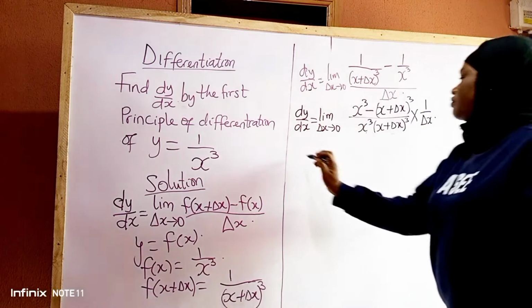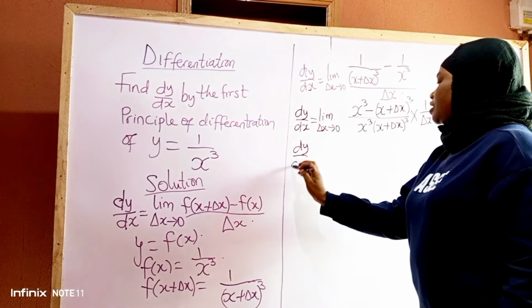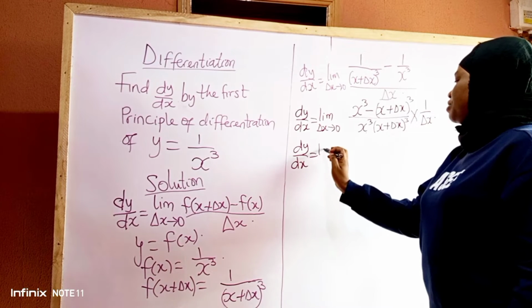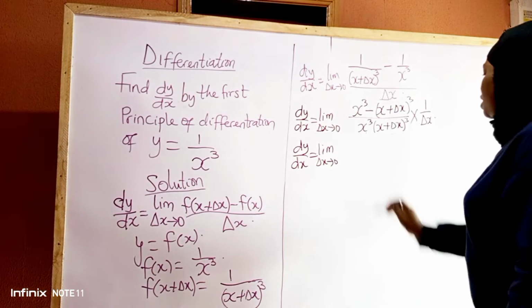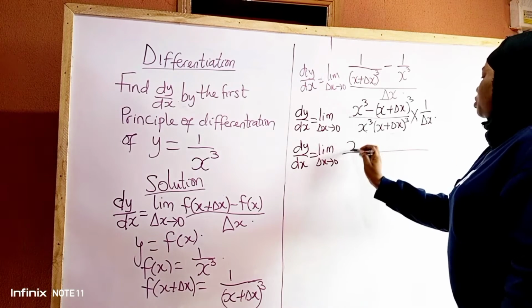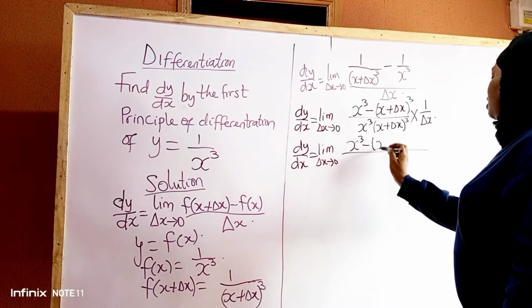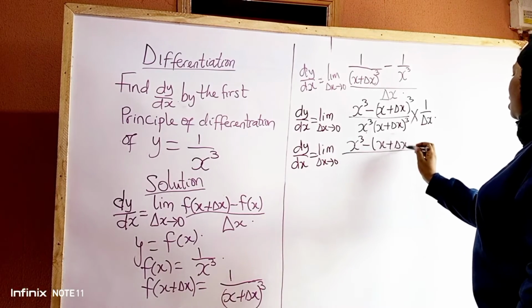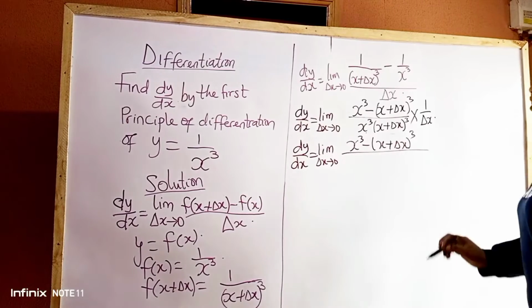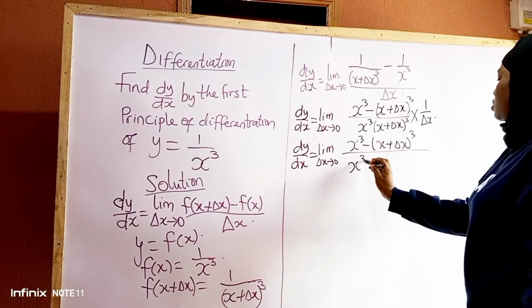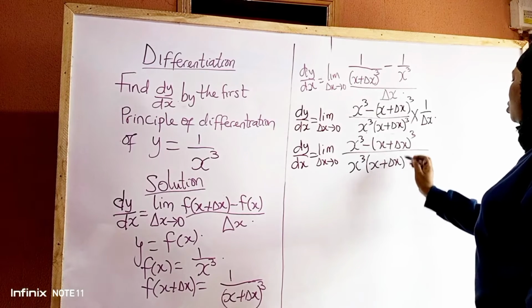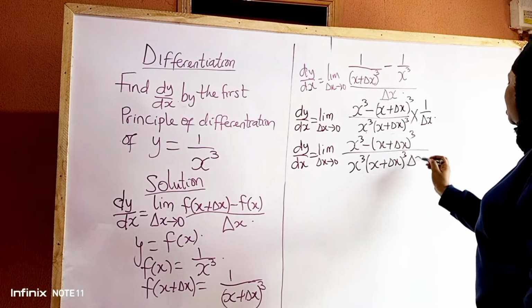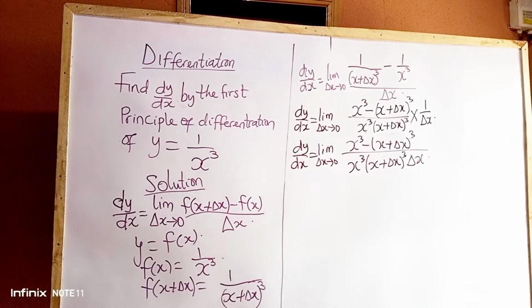So I can now have dy/dx is equal to the limit as change in x tends to 0, x cubed minus x plus change in x, everything cubed, then x cubed into brackets x plus change in x cubed, then multiply by change in x. Please make sure you study it very well. I did not change anything, it's still the same thing.